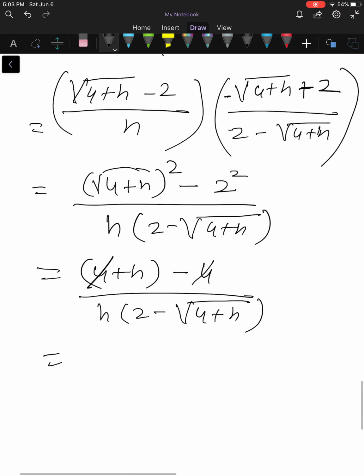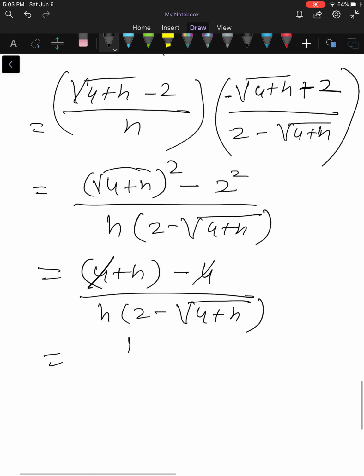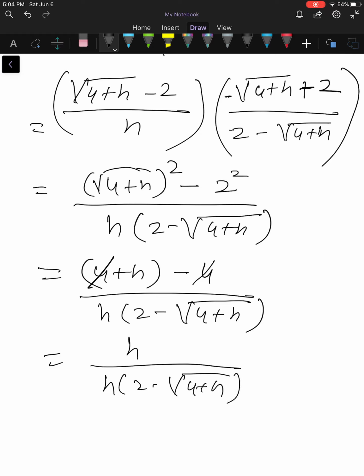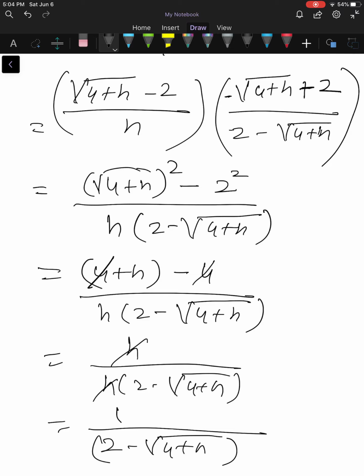You can see that 4 minus 4 gets cancelled. You just have h over h times 2 minus square root of 4 plus h. You have a common term, h, in the numerator and the denominator. You can cancel that, so you'll be left with 1 over 2 minus square root of 4 plus h.